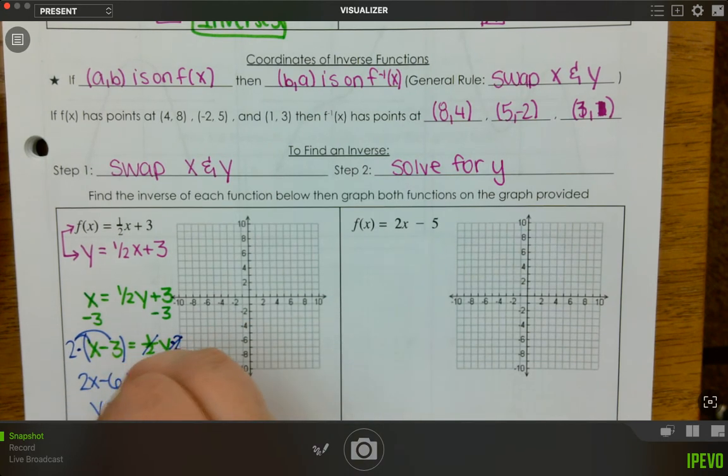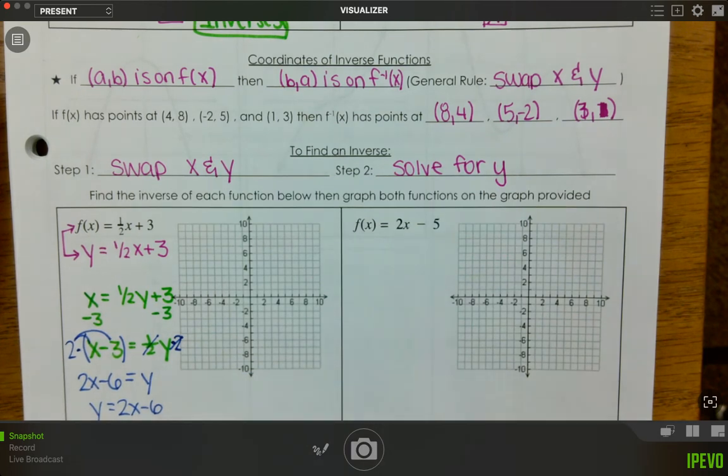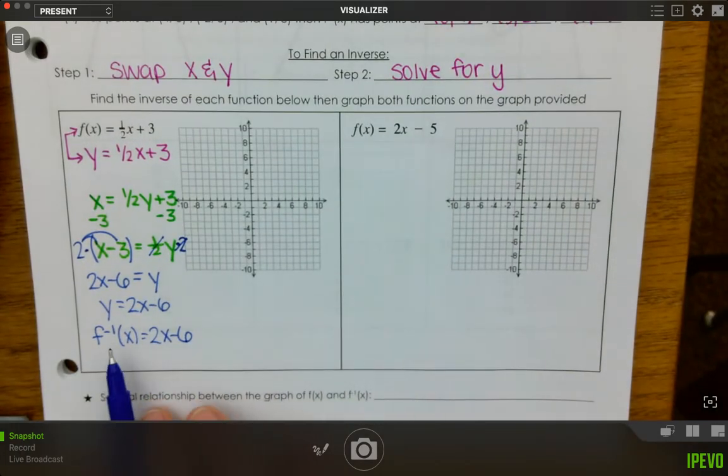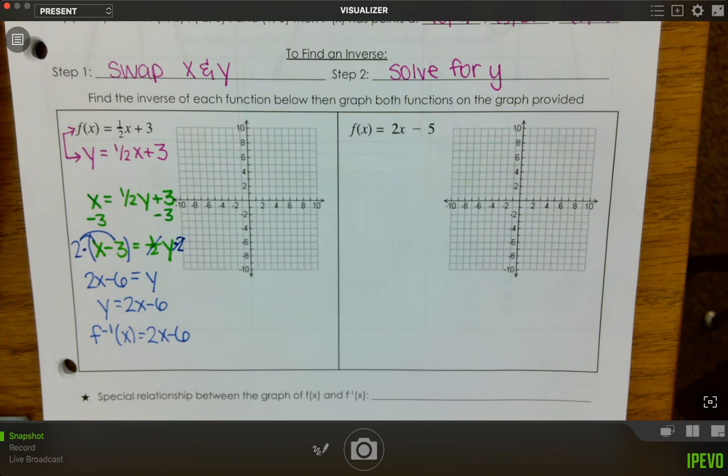So y equals 2x minus 6, and then I'm going to change that to the inverse, equals 2x minus 6. So keep in mind that the inverse is just f of x, but with this little -1 right here. That means inverse.